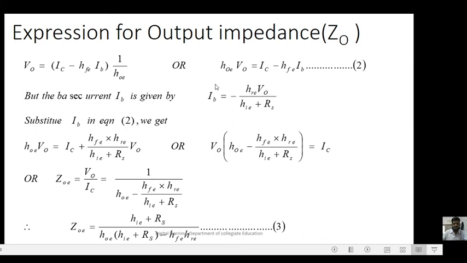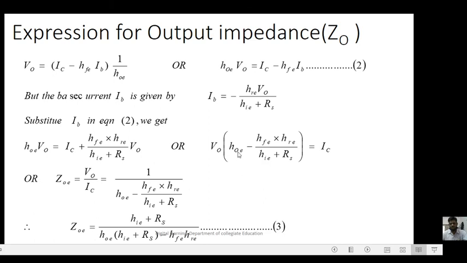Substituting IB in equation 2, we get HOE V0 equals IC plus HFE into HRE divided by HIE plus RS into V0.